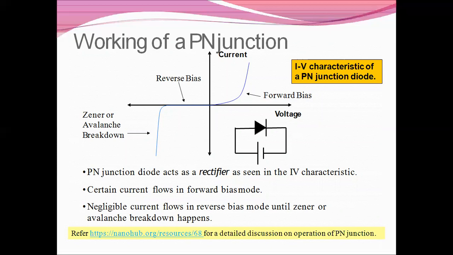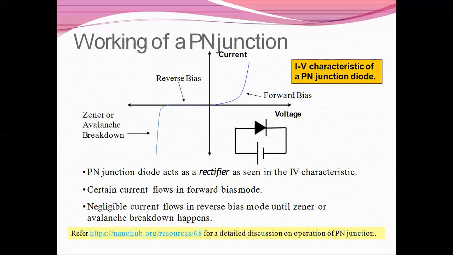When your PN junction diode works in forward bias, the current will abruptly increase after a certain voltage, that is 3 volts. In reverse bias, the current will remain zero up to a certain voltage.